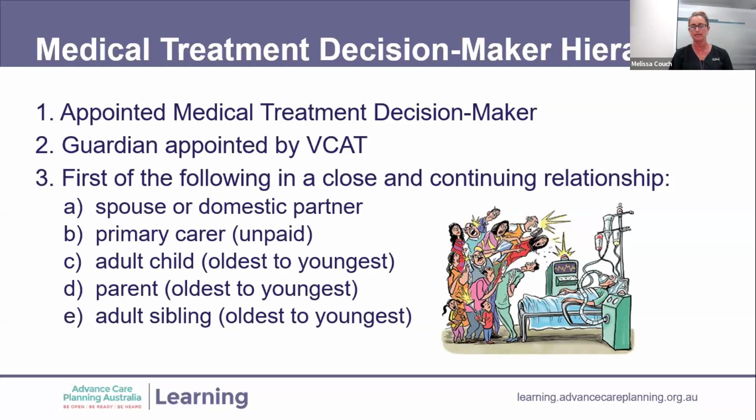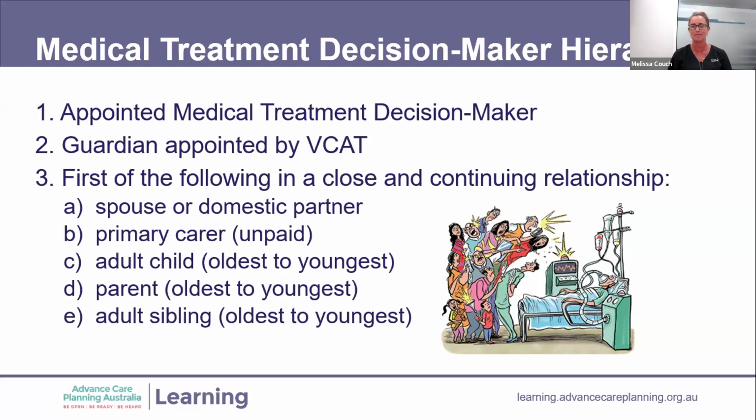Now, it's worth noting if there's multiple primary carers or multiple adult children, we go from the oldest to the youngest. So I hope you're all sitting here watching this, trying to figure out who your person is. And I suggest that if it's not how it's listed in this order, you might need to start considering looking at who would be your person.